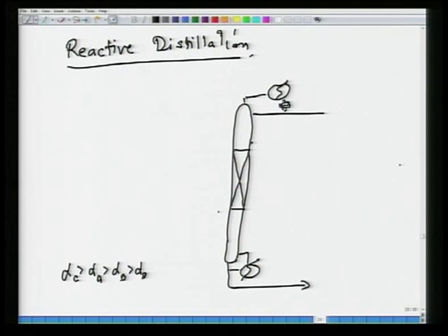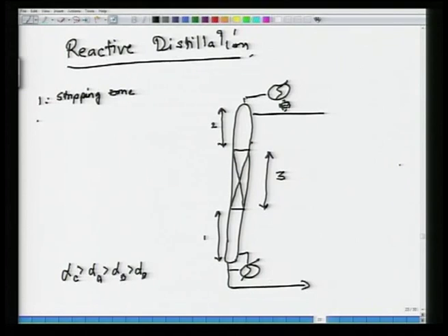So this is the stripping zone, let me call it 1. This is the rectifying zone, as in a conventional column, let me call it 2.